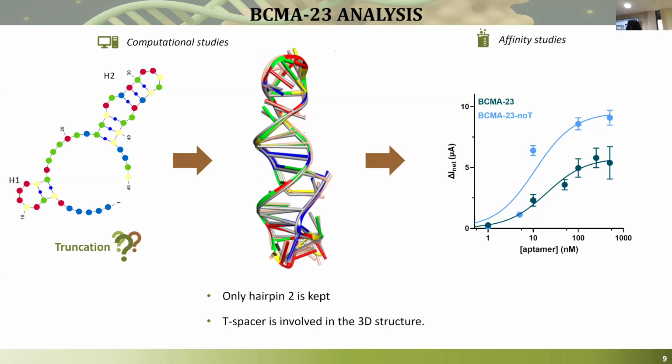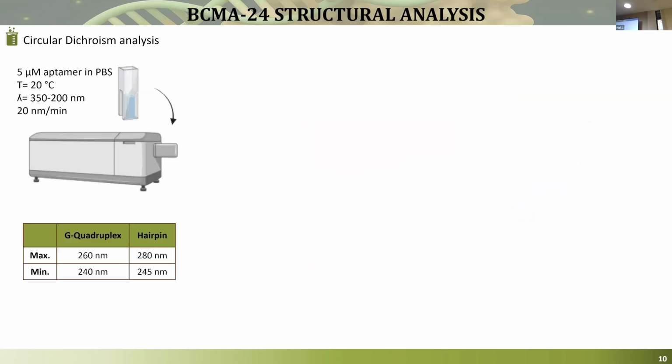Then we moved to our aptamer BCMA24, and this aptamer has multiple windings in its structure, so we thought maybe it has a G quadruplex structure. So first, we performed circular dichroism analysis as a technique to confirm the secondary structure of this aptamer, because the peak profiles for each type of structure have been described in the literature.